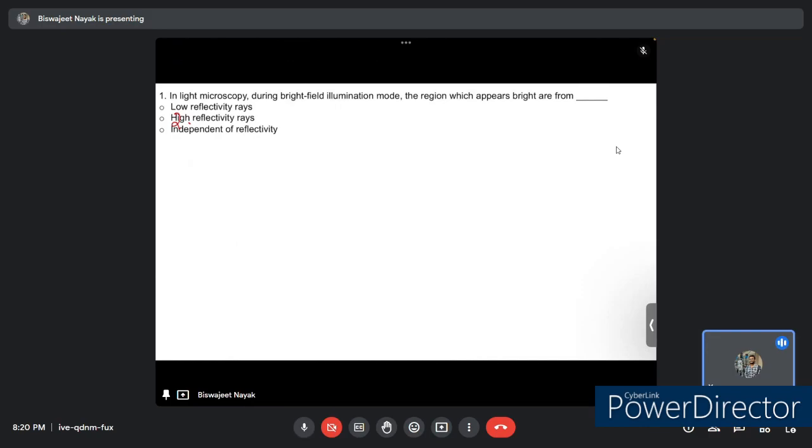First, in light microscope, during bright field illumination mode, the region which appears bright is from which rays? Low reflectivity rays, high reflectivity rays, or independent of reflectivity? As I have already told you, in light microscopy, reflectivity plays a vital role.